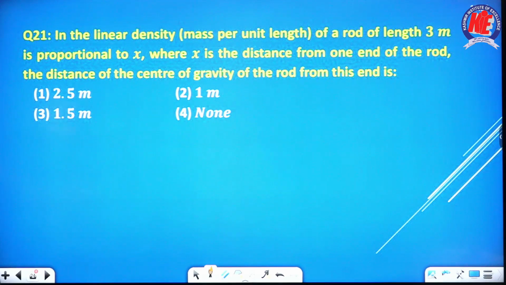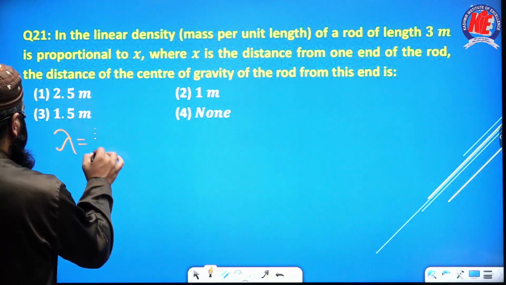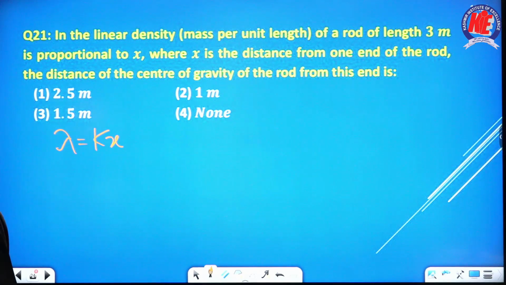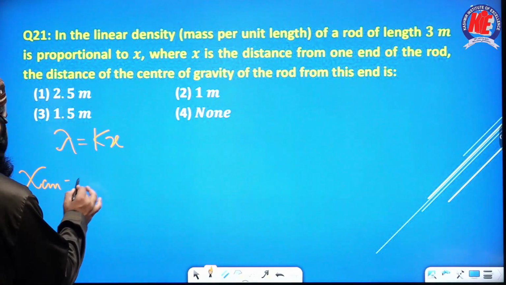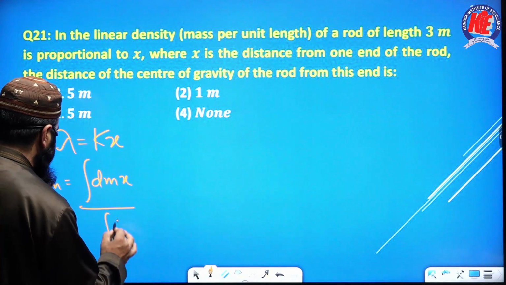If the linear mass density, mass per unit length of a rod of length 3 meter is proportional to x, so I can say the linear mass density lambda can be written as kx, where x is the distance from one end of the rod. The distance of the center of gravity of the rod from this end is. For continuous mass distribution, it is given by integral dm into x divided by integral dm.